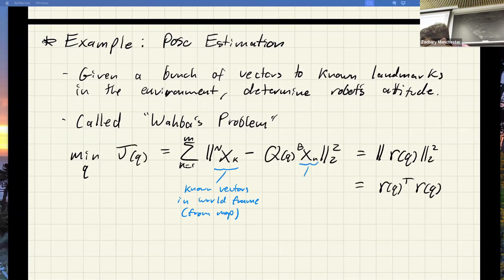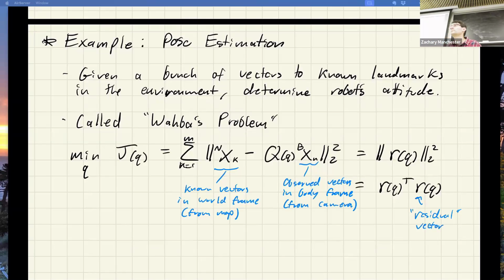This is observed vectors in the body frame from the camera. And then this R thing is the residual vector. Cool. Has everyone heard of this before? Residual least squares, hopefully a little bit.